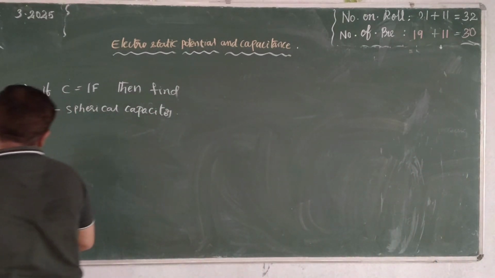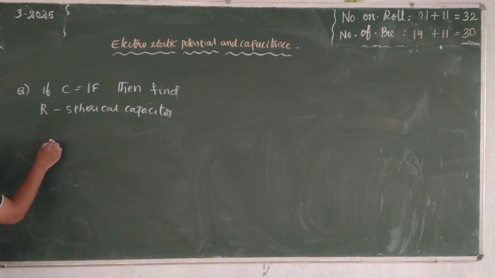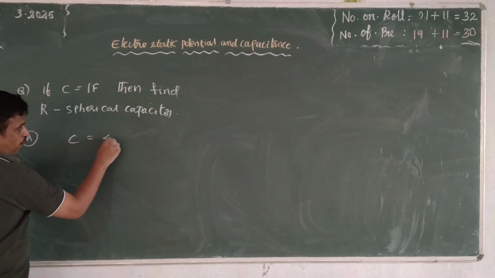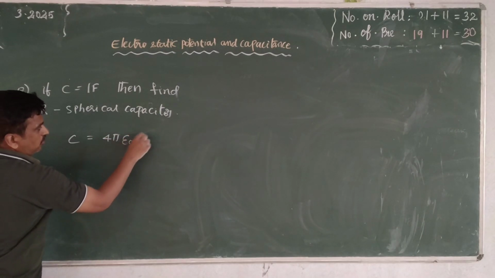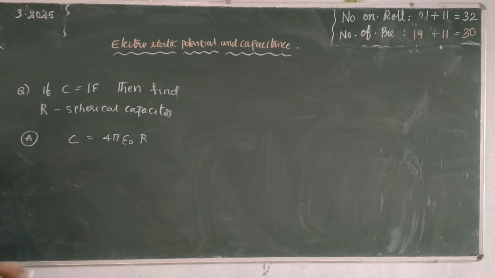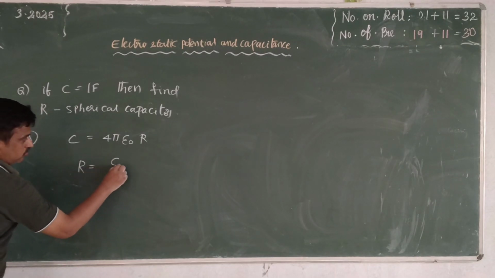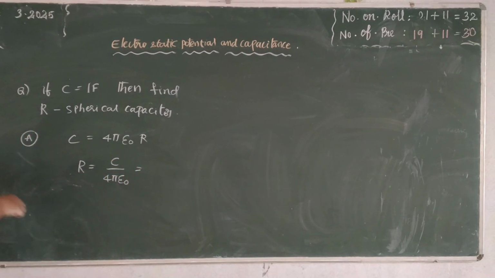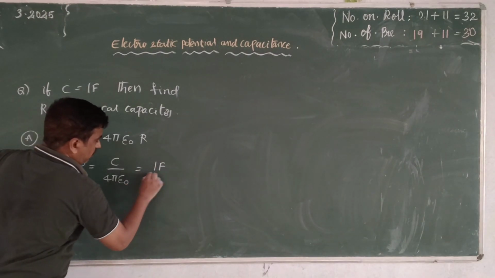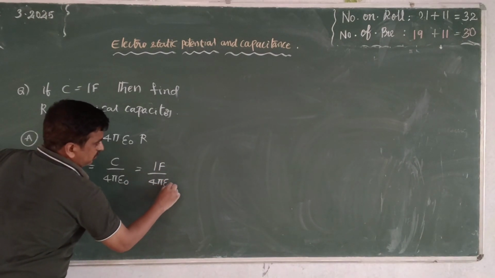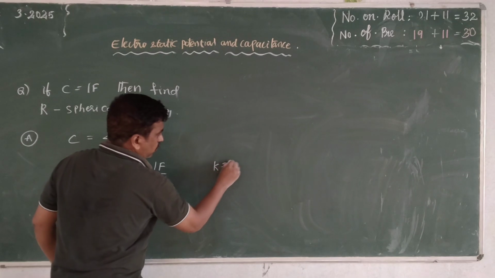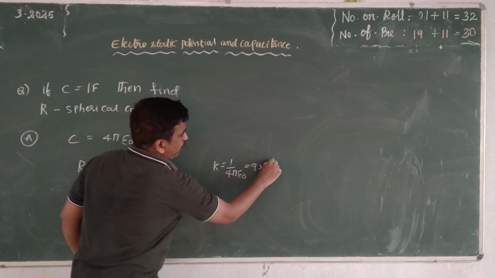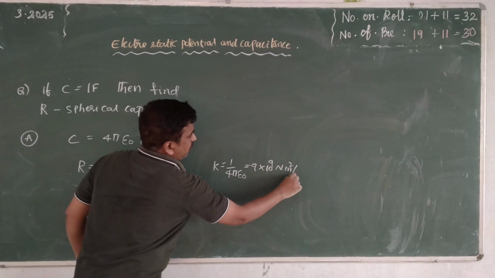What is the formula for the capacitance of the spherical capacitor? C equal to 4 pi epsilon naught R. We want the radius, so R equals C by 4 pi epsilon naught. C is 1 farad, so R equals 1 farad by 4 pi epsilon naught. Actually, k equals 1 by 4 pi epsilon naught, and this value is 9 into 10 power 9 Newton meter square per coulomb square.